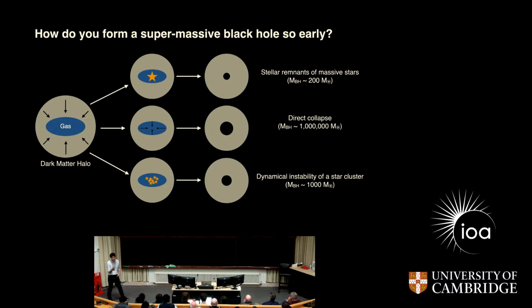And there are even more exotic scenarios, things like primordial black holes that might be a remnant of the inflationary period. But at the end of the day, in addition to not understanding the seeding, we really don't understand how they then also grow, right? Because I told you about the different growth channels, but the question is basically that the seeding mechanisms and the growth channels are very degenerate currently in our data.